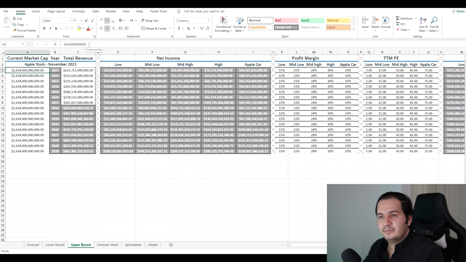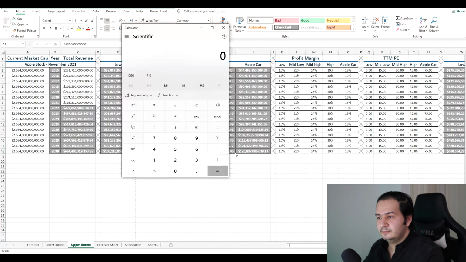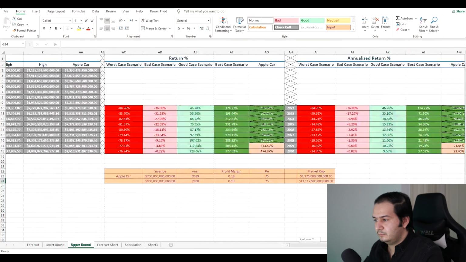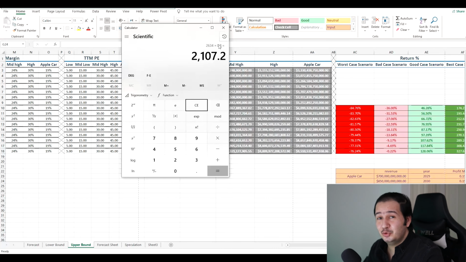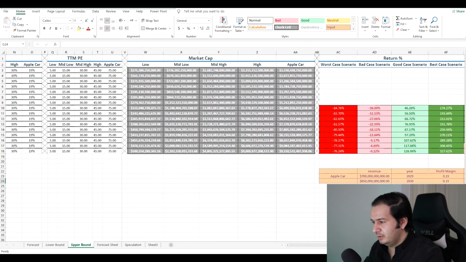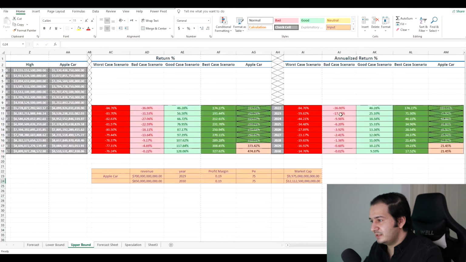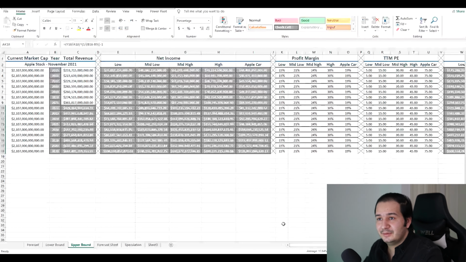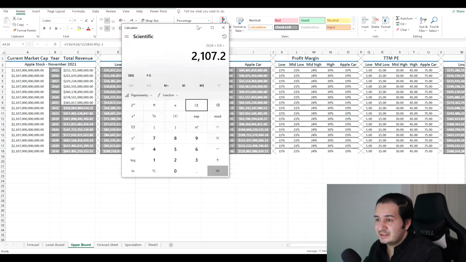But let's say if the market cap drops 20% for this company, the annualized return for the good case scenario for this stock is going to be around 10% for me. Again, not good. I'm not going to buy this stock if the stock price drops 20%.